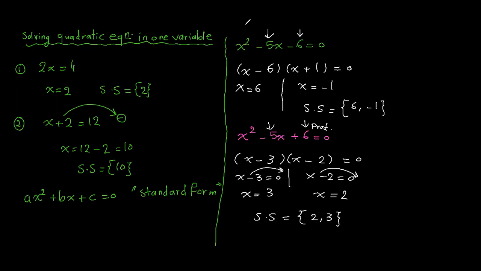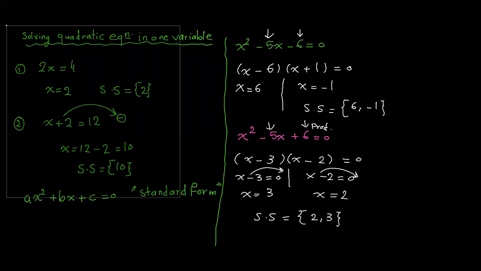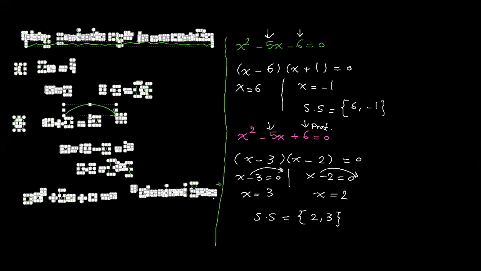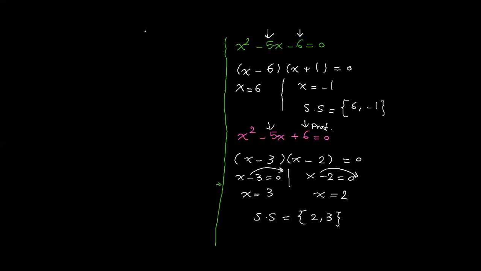Another example that we want to have: 2x power 2 plus 7x equals 0. Here we cannot simplify this equation without using the HCF.